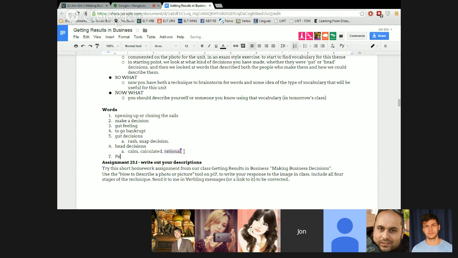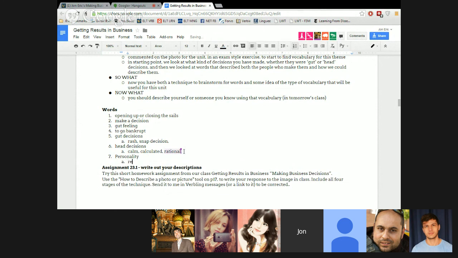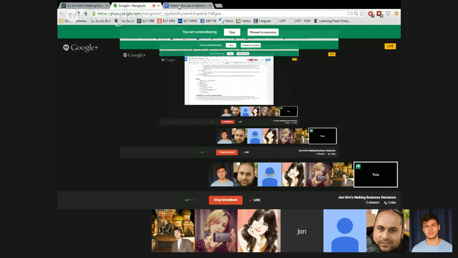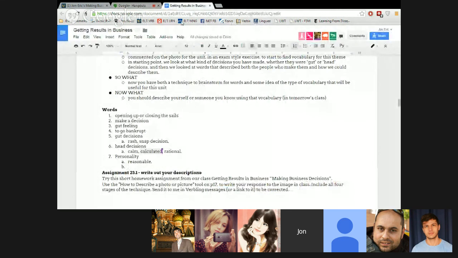Look, if we go to personality, right? Reasonable. Someone who makes calculated. Well, calculated could also mean that you're being deceptive. You have to be careful. But someone who makes calm decisions is a reasonable person. So your personality might be reasonable. Okay, well, since we're on the topic of personality, can you think of any other words that might describe personality in decision making? That might be another good thing to think about. How about realistic?